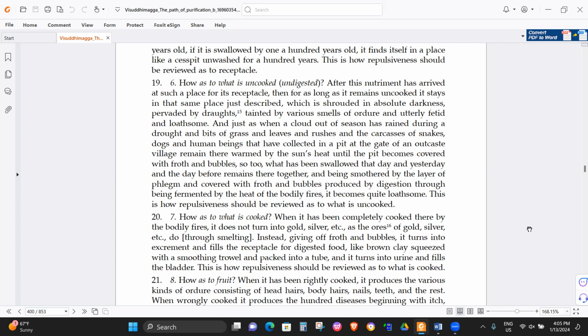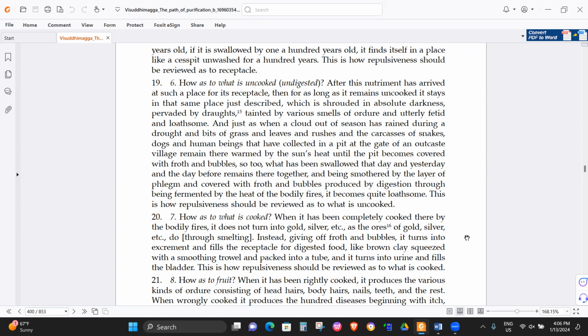Instead, giving off froth and bubbles, it turns into excrement and fills the receptacle for digestive food, like brown clay, squeezed with a smoothing towel and packed into a tube, and it turns into urine and fills the bladder. This is how repulsiveness should be reviewed as to what is cooked.